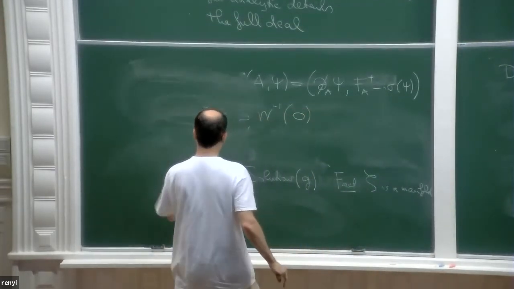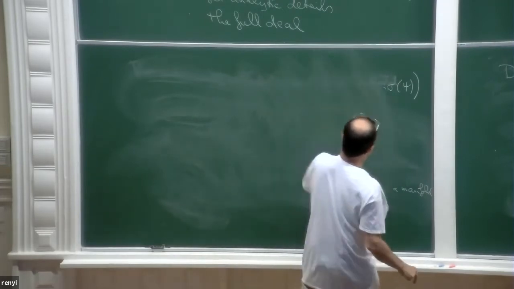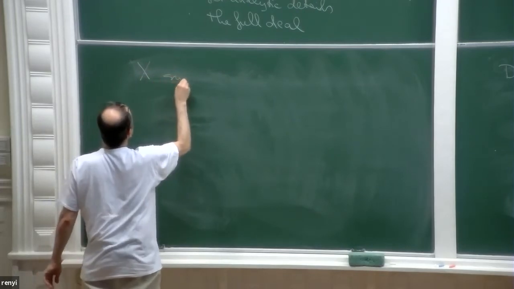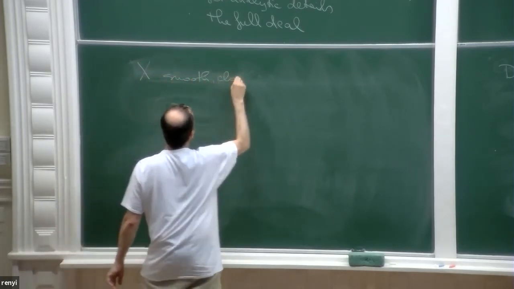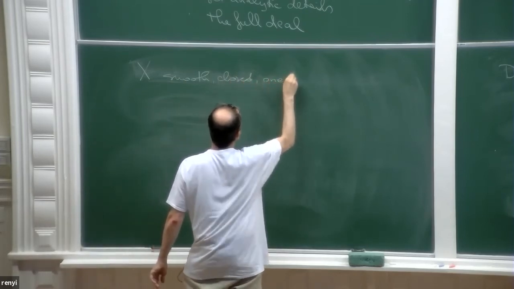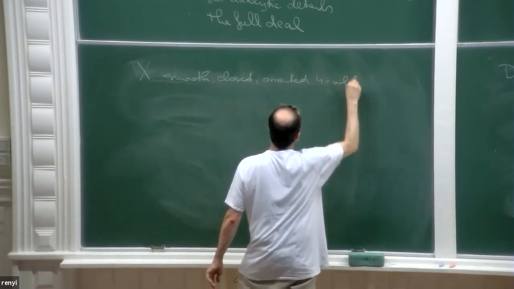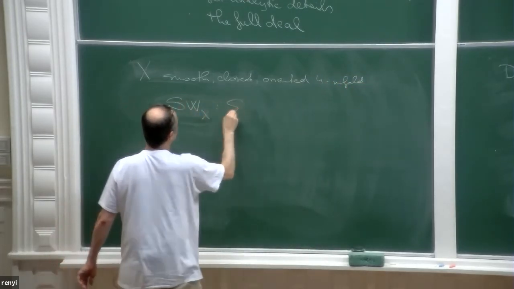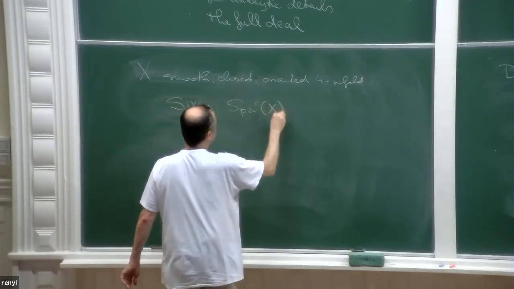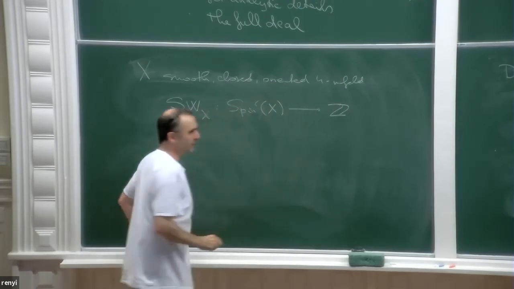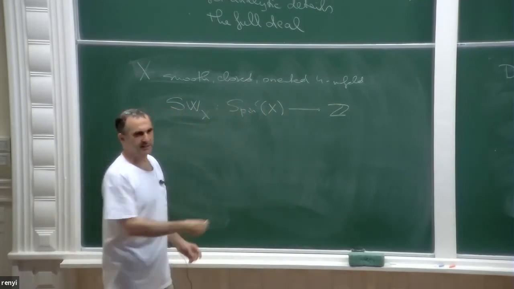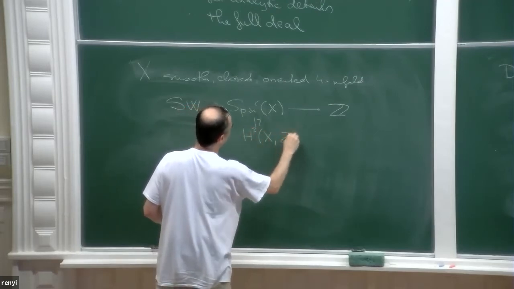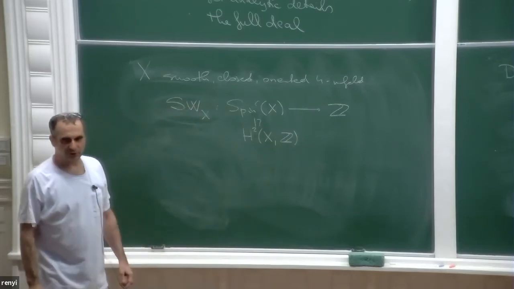So what did we get at the end? Once again, X is a smooth, closed, oriented four-manifold. Then the Seiberg-Witten function is a function from the set of spin C structures to Z. Let me remind you that every four-manifold has spin C structures, and they are in one-to-one correspondence with the second cohomology of the four-manifold.